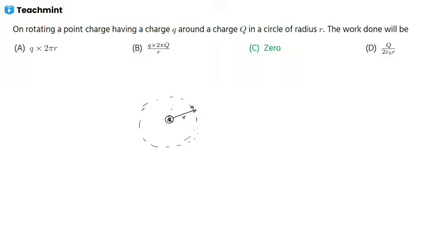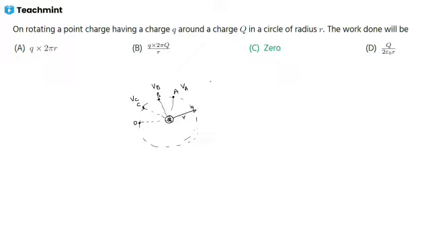See, children, whenever you calculate the potential at different points around a charge at the same distance r, at all these points the potential will be the same. If you consider one point as A, another as B, another as C and another as D, the potential at A is VA, at B is VB, and at C it continues like this.